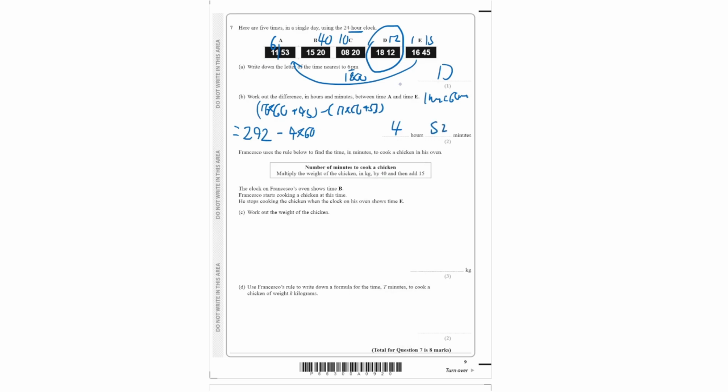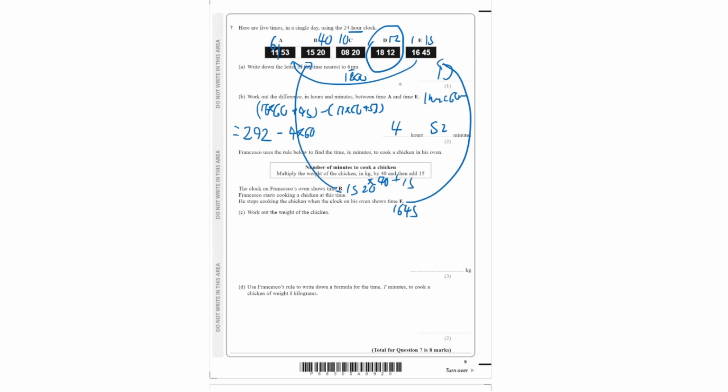Francesco uses the rule below to find the time in minutes to cook a chicken in his oven. Multiply the weight of the chicken by 40 and then add 15. The clock on Francesco's oven shows time B, which is given to us as 15:20. He stops cooking the chicken when the clock on his oven shows time E, that is 16:45.